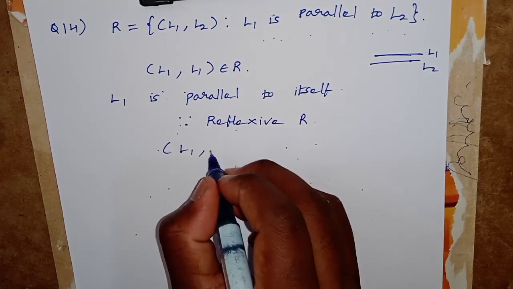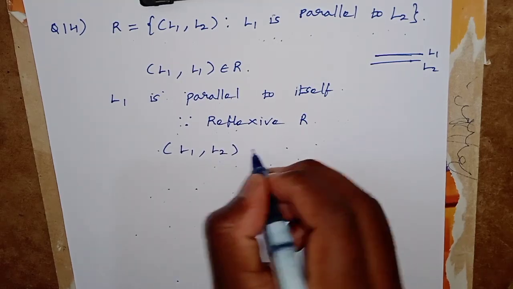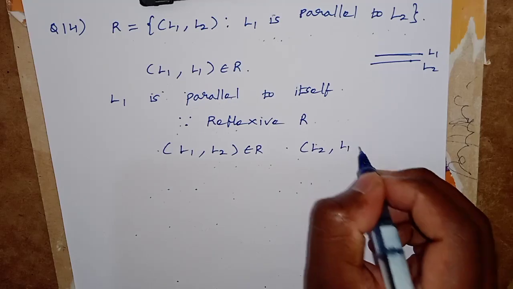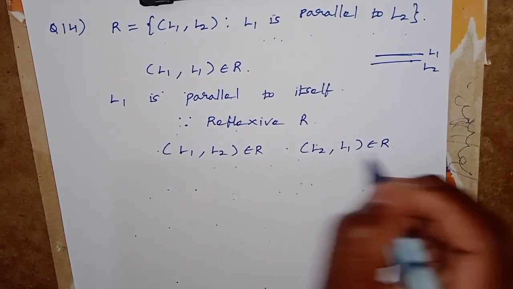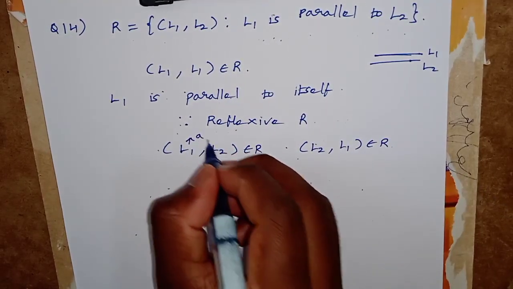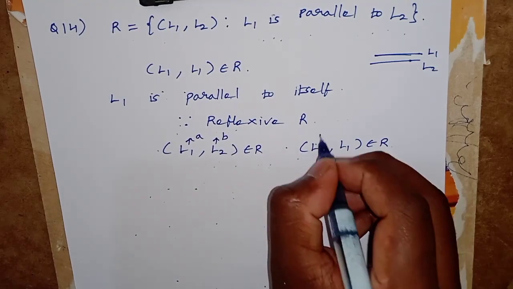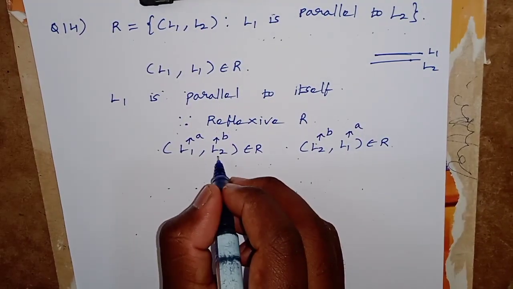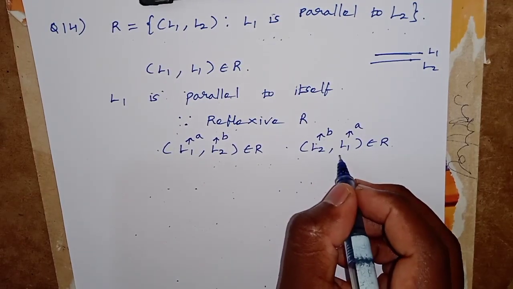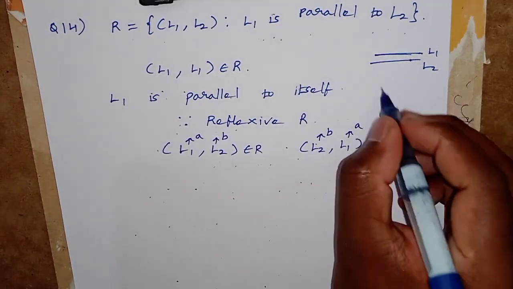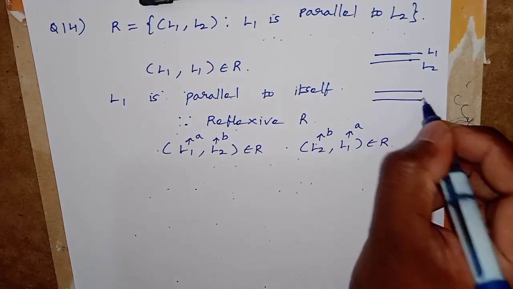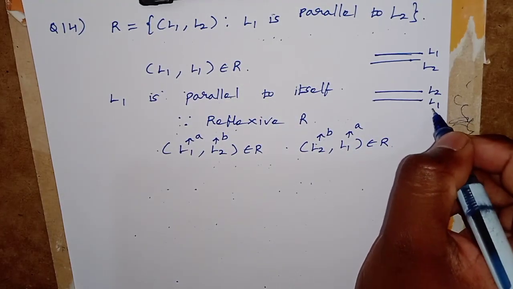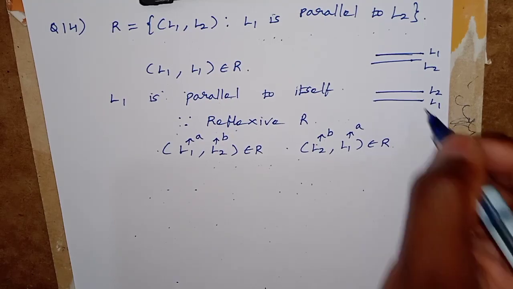Next, L1, L2 belongs to R. L2, L1 also belongs to R, because A, B becomes B, A. Therefore, only the places are interchanged. See here, here it is L2 now, here L1. Therefore, here also it is parallel.